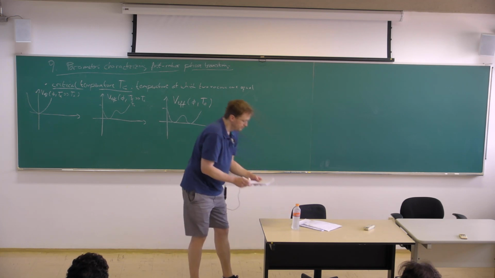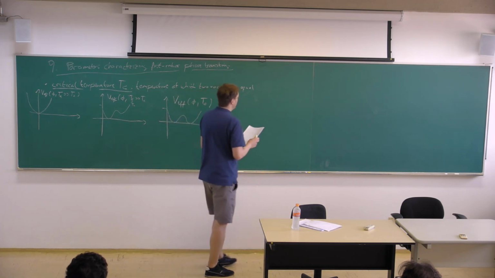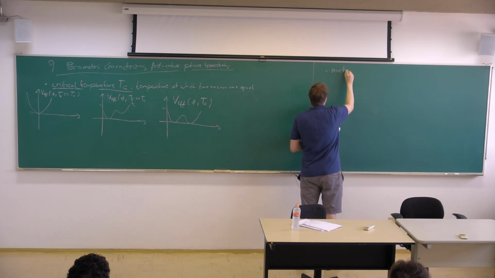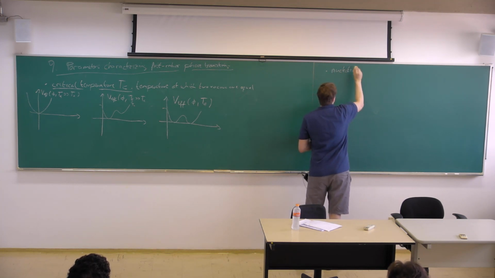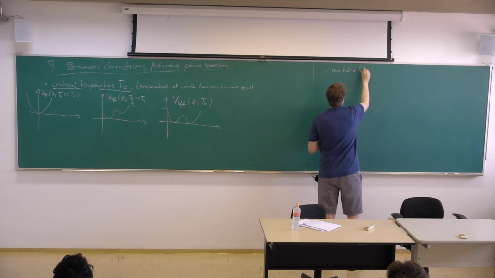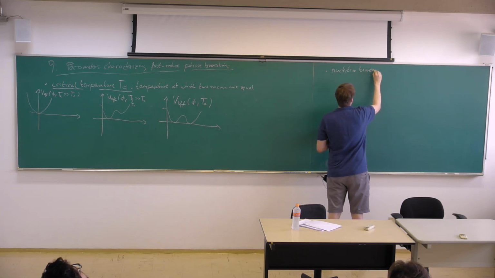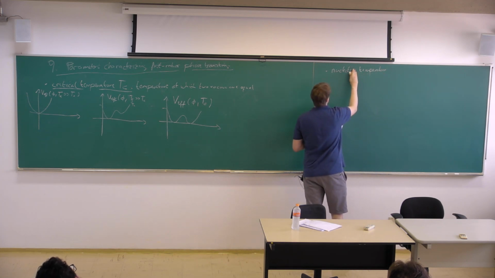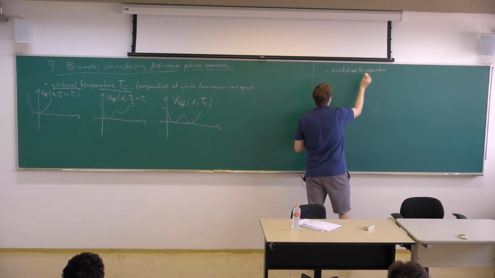Okay, so now the phase transition is in principle energetically possible, but it doesn't mean it happens immediately. The start point of the phase transition is usually called the nucleation temperature.